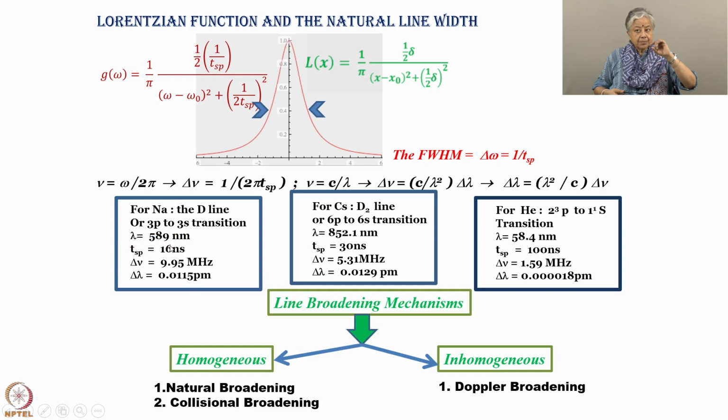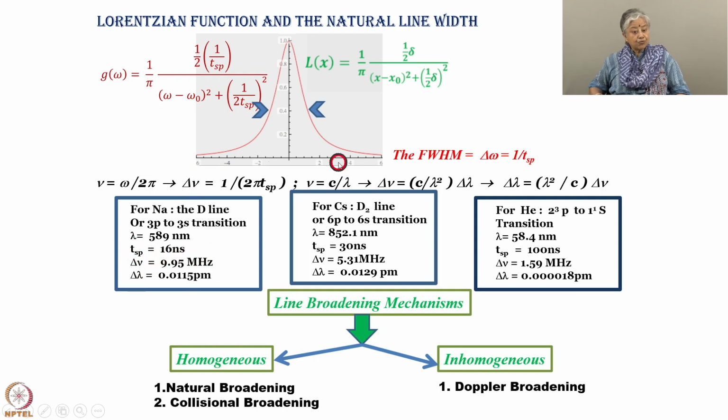That means the particle remains in the upper level for 16 nanoseconds before it emits the D line, okay, nanoseconds, 10 to the power minus 9 seconds. And delta nu in this case works out to be 9.95 megahertz. So, megahertz is a unit in which you give delta nu. That is the full width half maximum.